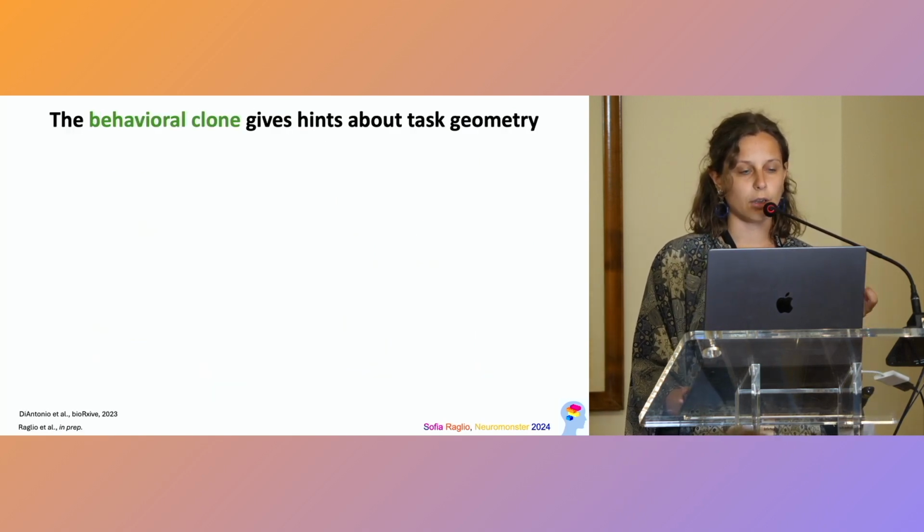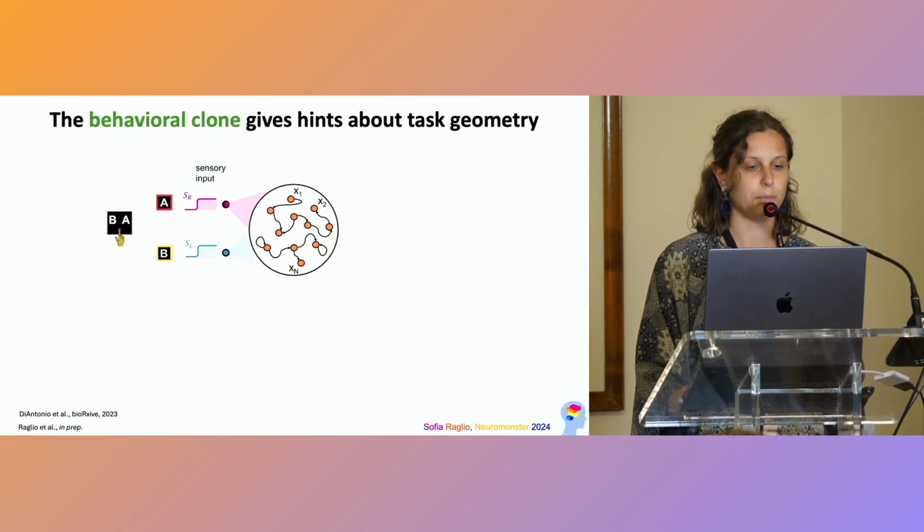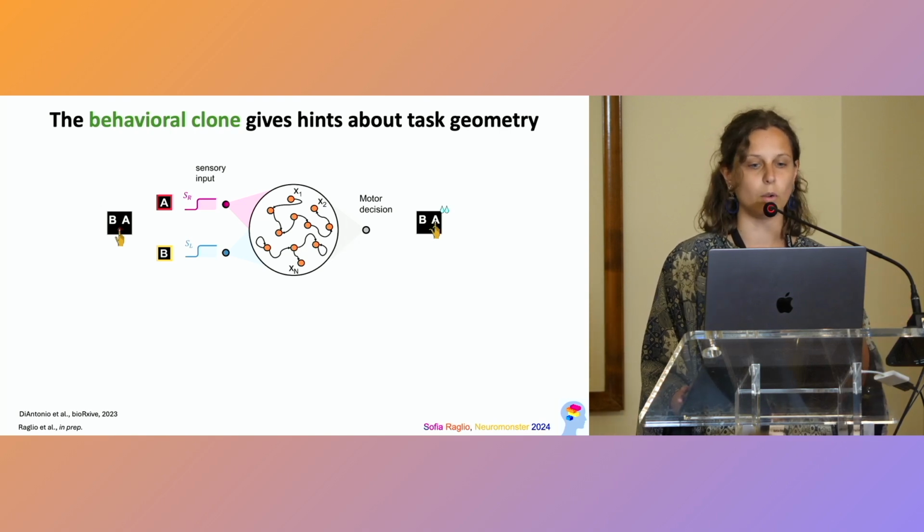The behavioral clone is a recurrent neural network to which I give as an input a sensory input representing the two symbols presented to the animal. And I will ask this network to output the animal's motor decisions, so move right or move left, depending on where the target item is.